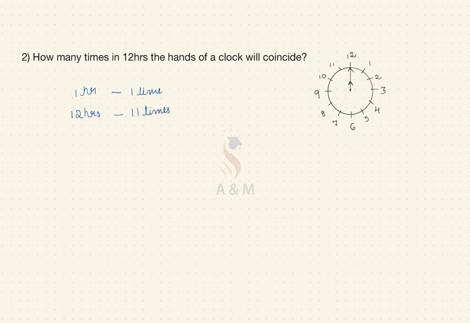I'll give you the reason why. Next, for every 24 hours, it should be 11 into 2, that is 22 times. For every 1 hour, it coincides once. Then how come for every 12 hours it coincides only 11 times, and for every 24 hours it coincides 22 times?